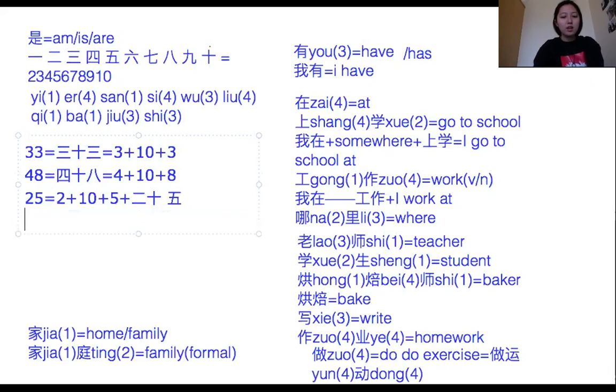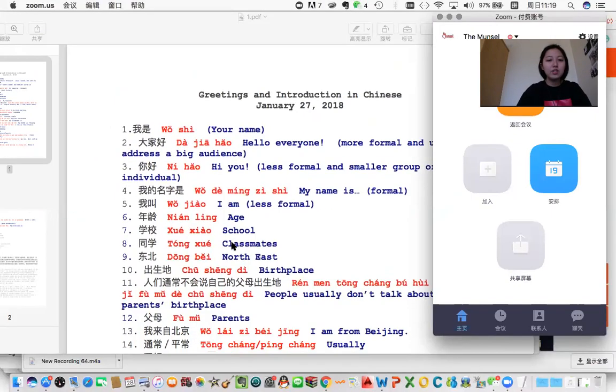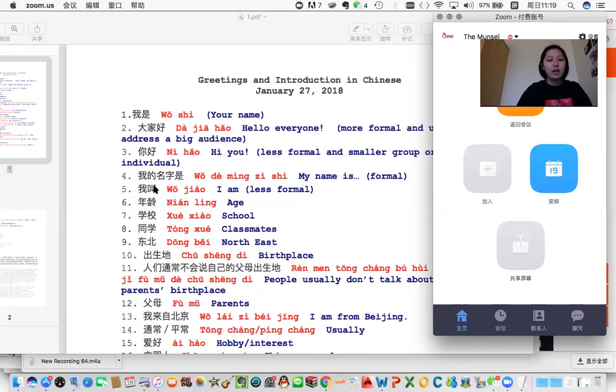If you're 18, you use 10 plus 8, that's 18. So you can say 我的年龄是, and use the numbers.